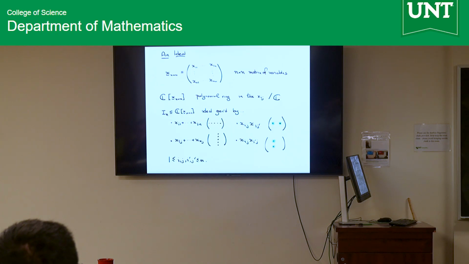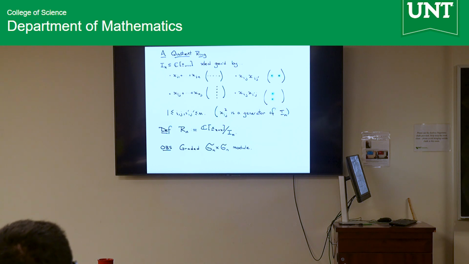So here, 1 is less than or equal to i, j, i', j' less than or equal to n. And I'm going to define R_n to be the quotient of my polynomial ring by this ideal I_n.